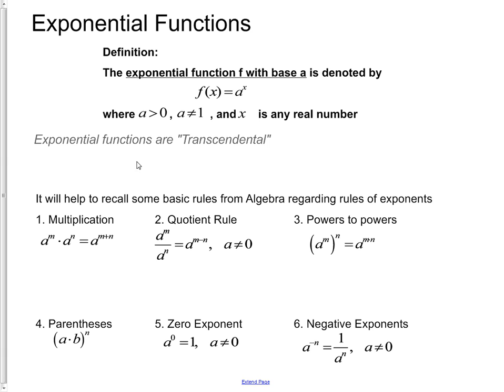Exponential functions are what we call transcendental functions, which seems like a kind of weird thing. What does that name have to do with anything? We have so far dealt with what are called algebraic functions.